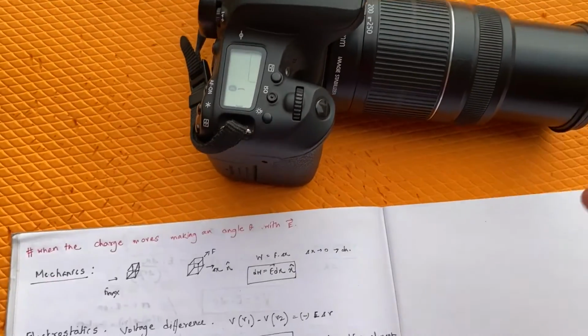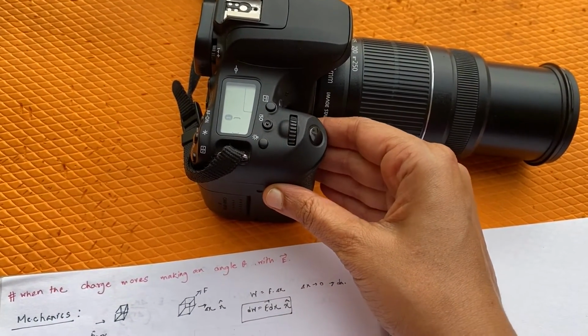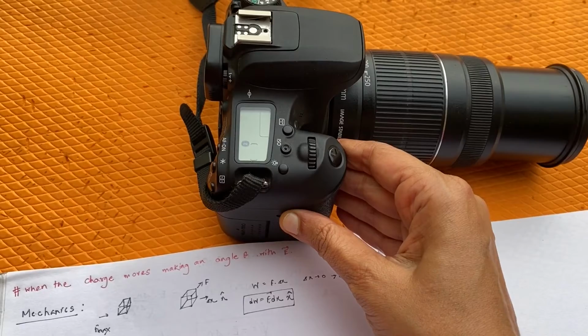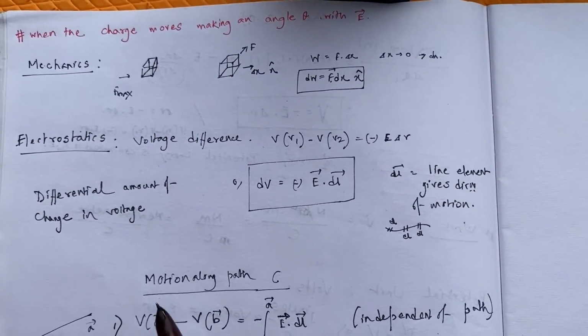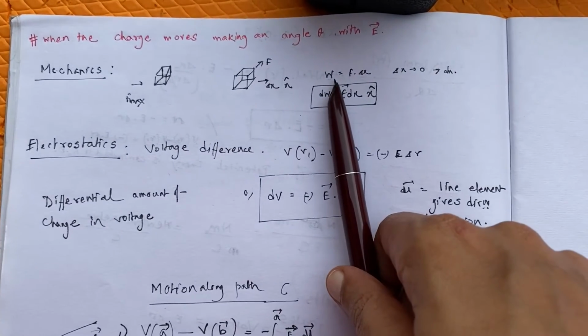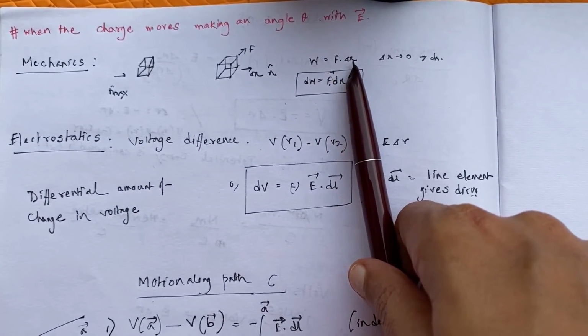Now, what is the work done when we apply a force on this object, making an angle theta with the direction of the displacement? From our knowledge of mechanics, we know that work is defined as the dot product of the force and the displacement.